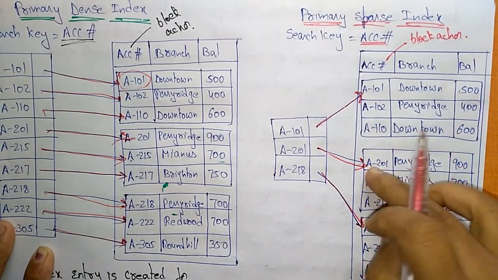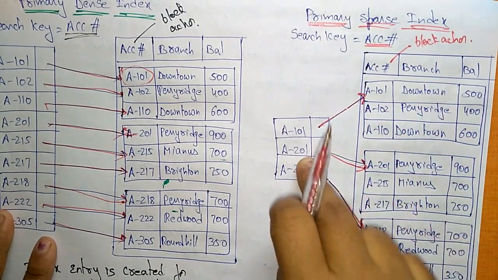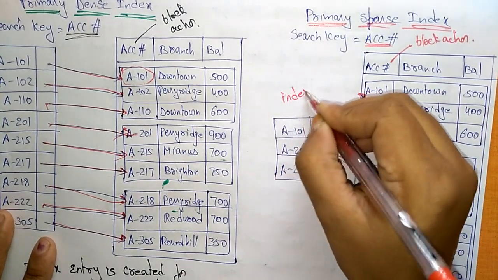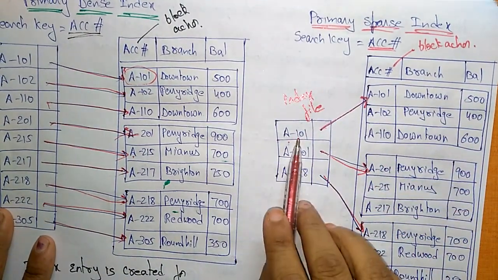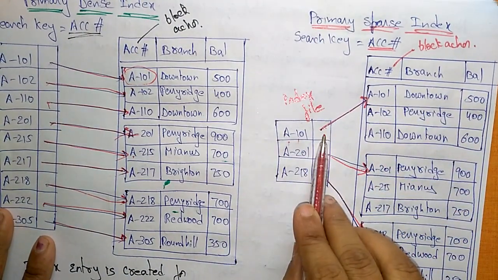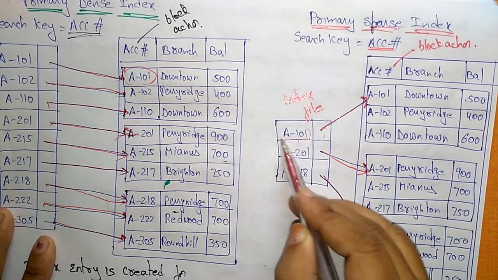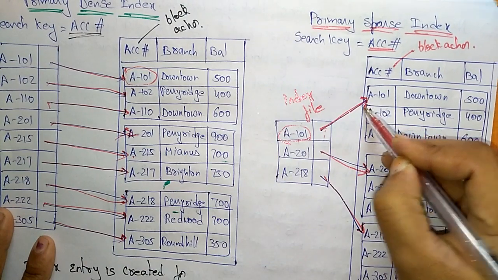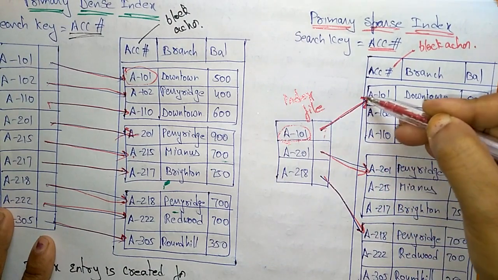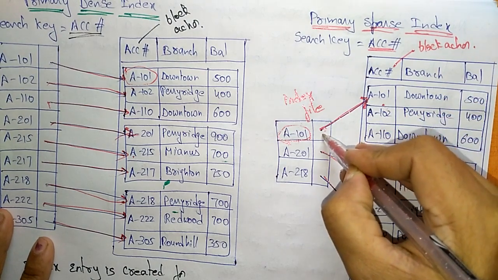So instead of searching all the key value entries in the index file, this is the index file, this is the key value, and this is the pointer to that block. A10 is a search key. Only the starting record of the block will be entered in the index entry.